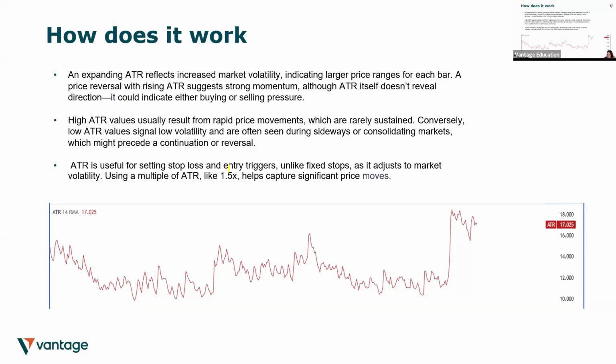A high ATR value usually results from rapid price movement. It could be a bullish move or a bearish move. It doesn't mean that when you see a rising ATR the market is bullish. No, sometimes it could be a bearish move, which is rarely sustained.